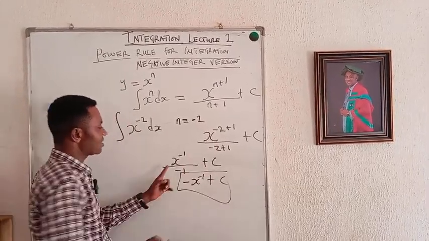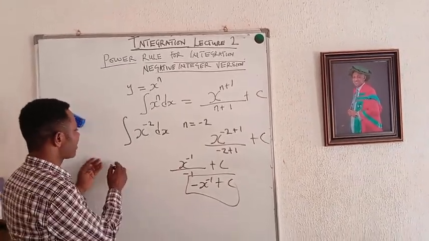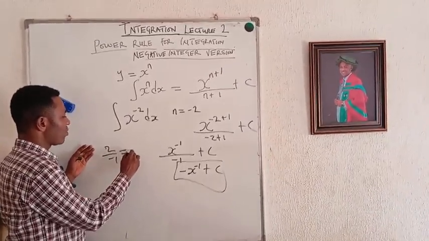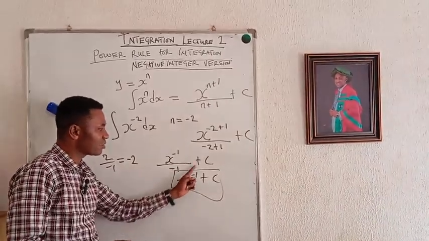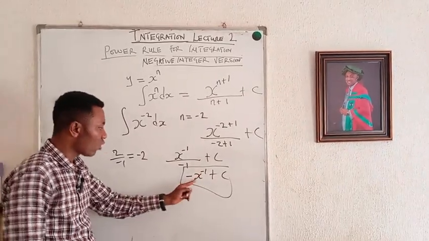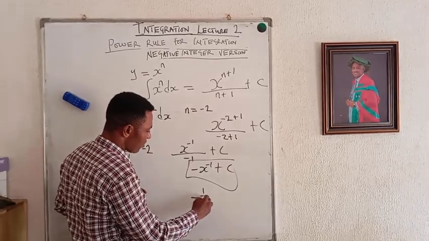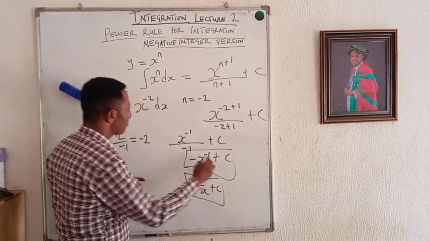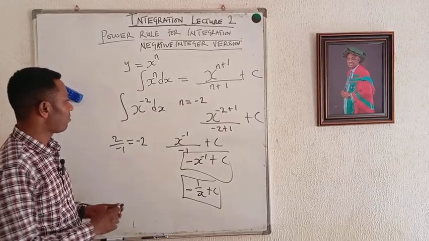That is x power minus 1 all over minus 1, which is the same as minus x power minus 1. And also, we can write this as minus 1 over x plus c. So this is the result of this integral.